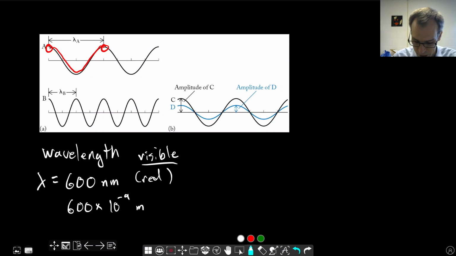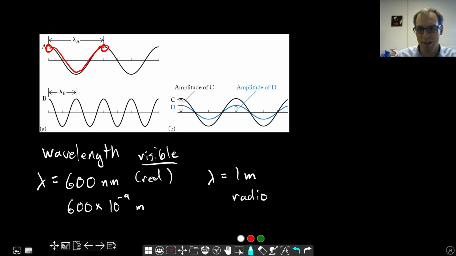So you can have wavelengths on the order of meters, something like 1 meter can also be a perfectly valid wavelength. This would be in the radio wave, which is another type of electromagnetic radiation that I didn't include on my list before. So, if you enjoy listening to the radio in your car, you can think electromagnetic radiation, because that's what's sending the signal, and that's what's being picked up by your antenna in your car.